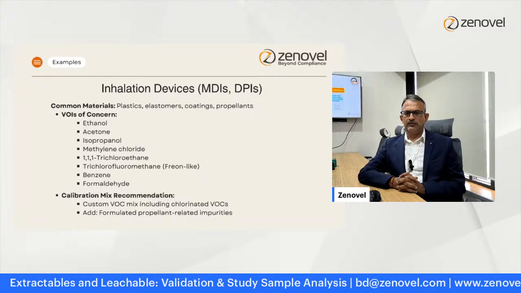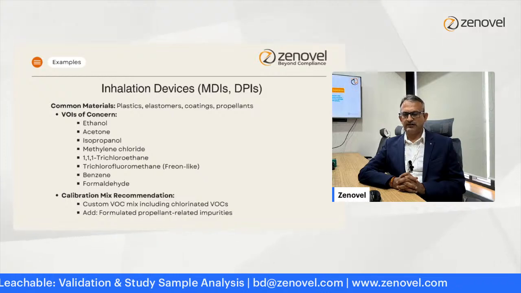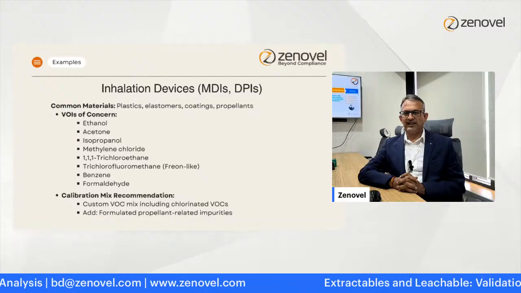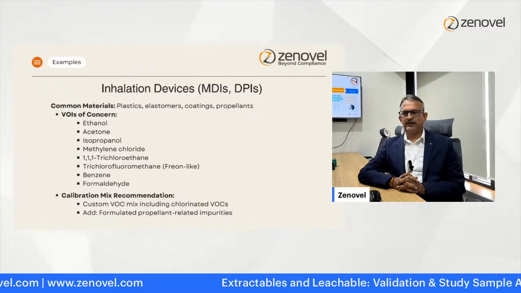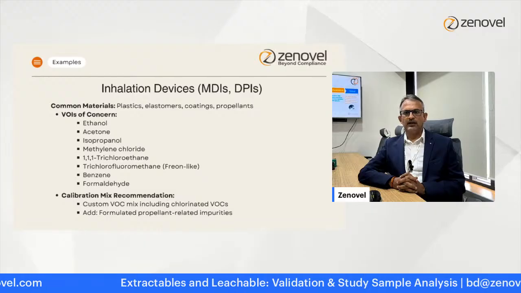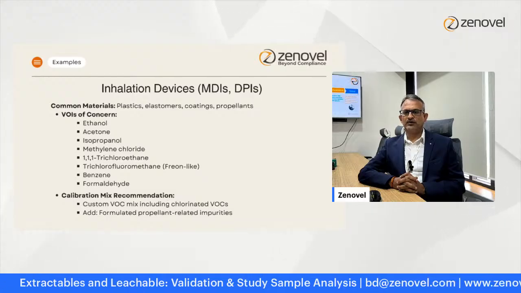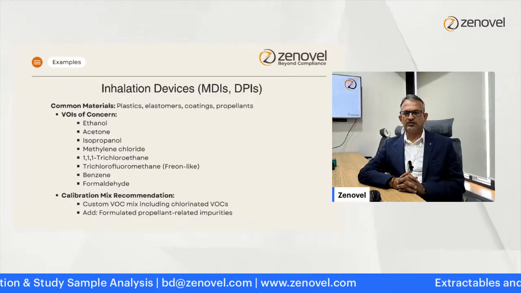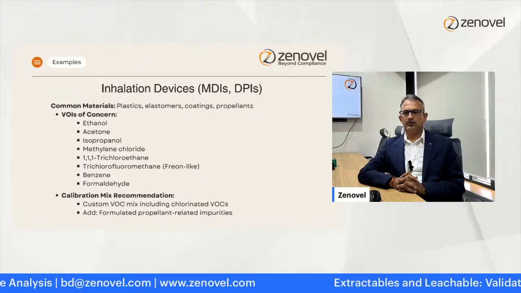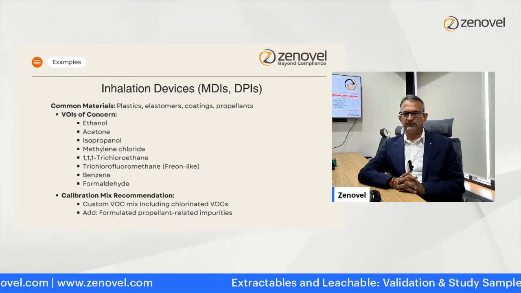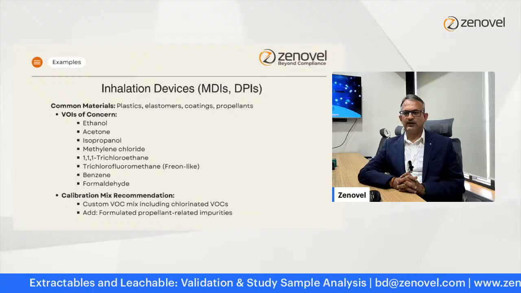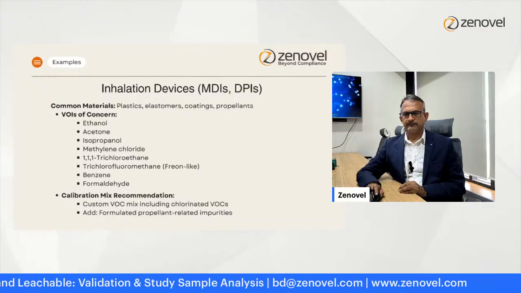For inhalation devices like MDI and DPI, the common materials are plastics, elastomers, coatings, and polyolefins. Here the list of VOCs of concern is provided. The recommended calibration mix is a custom VOC mix including chlorinated VOCs, and we can also add formulated propellants and related impurities.